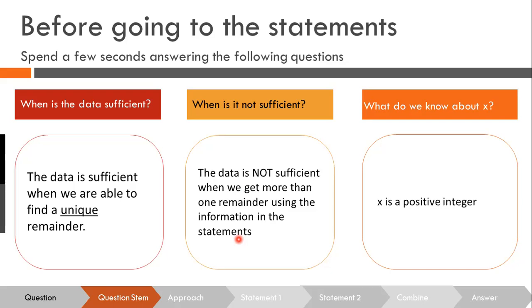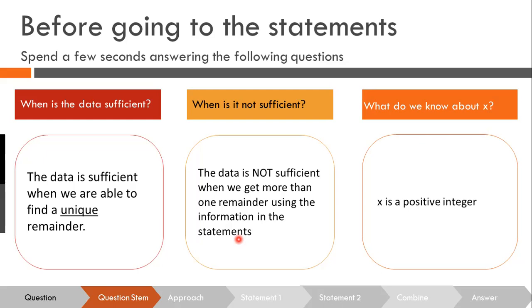Not sufficient: we cannot get the unique remainder. Just like that, if X is 9, divide by 6, so 3 is the remainder. If X is 12, 0 is the remainder. So there are so many choices, and we are not getting only a single answer. So if you find the value of X and you have so many answers, that means this data is not sufficient.